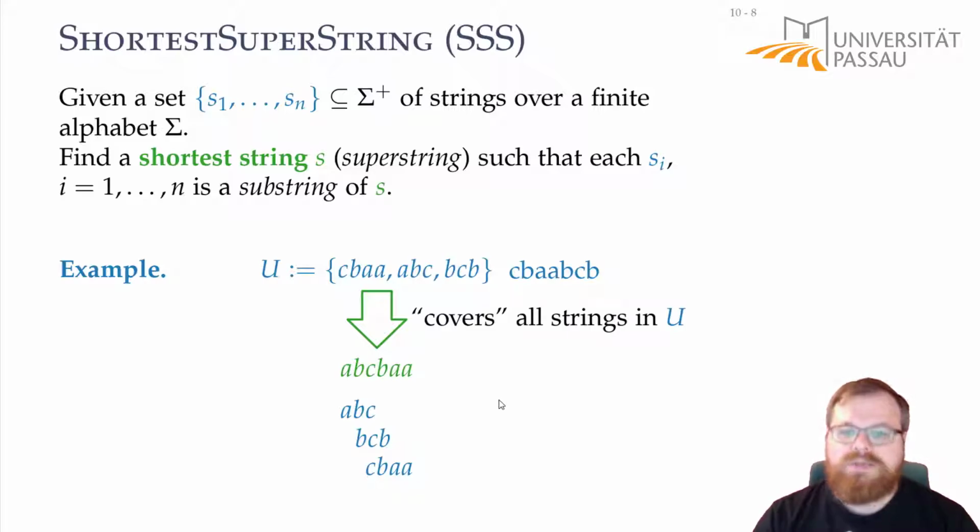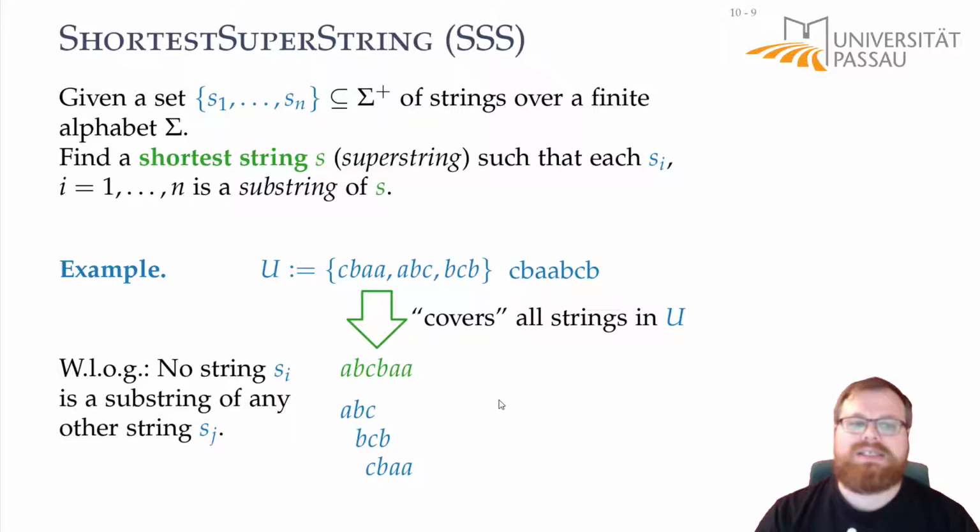If we want to solve this problem, we can make an assumption, that is, that no string is a substring of any other string. Because if that's the case, then we don't even have to look at Si. As long as our superstring contains Sj, it also contains Si. So this is an assumption we can make without loss of generality.